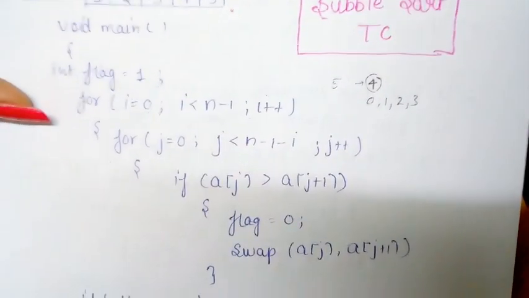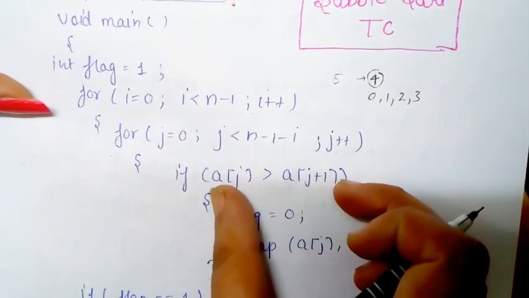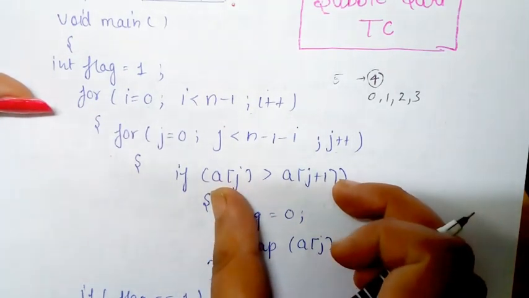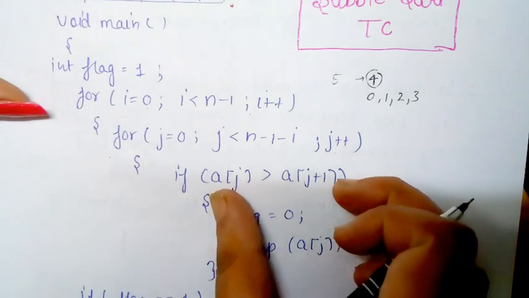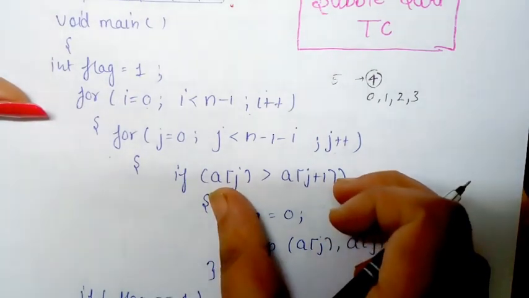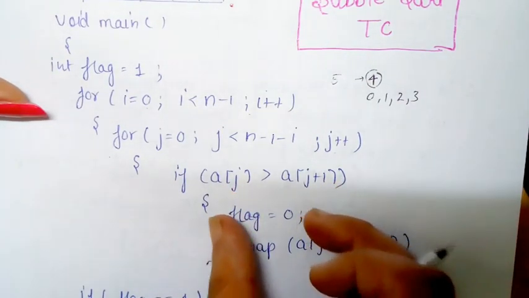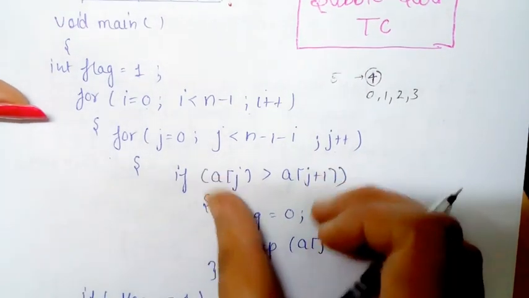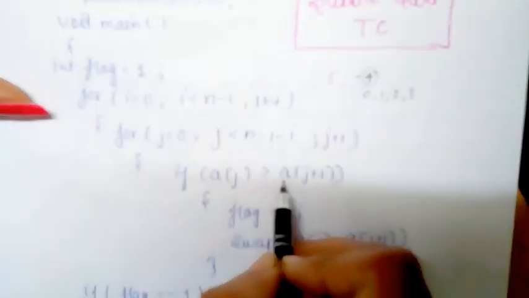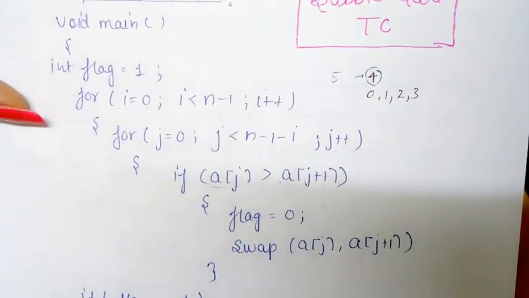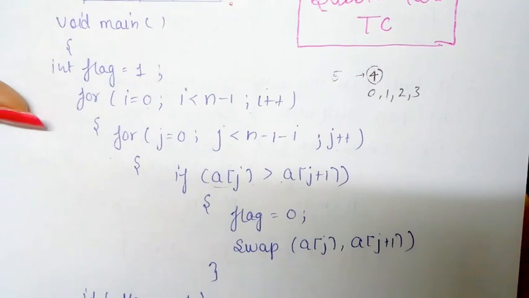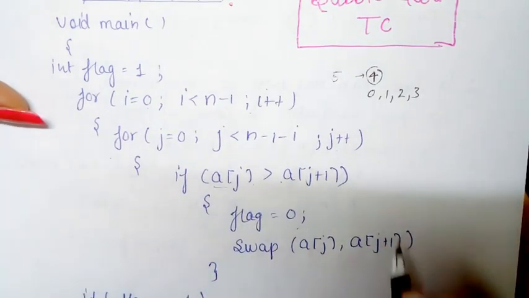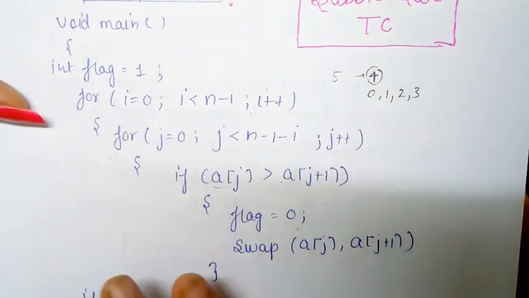Now we are comparing the adjacent elements, that is a of j and a of j plus 1. If a of j is greater than a of j plus 1, that is, if the smaller index has the greater element, it means the array is unsorted. So first of all, it will set flag equal to 0, then it will swap. I have done some modification in the program.